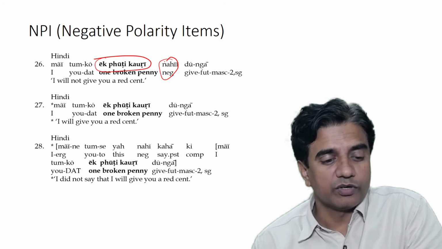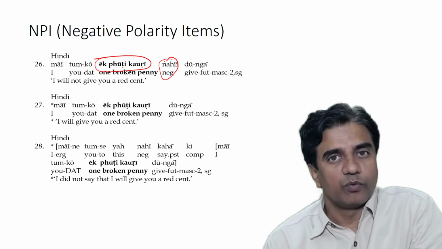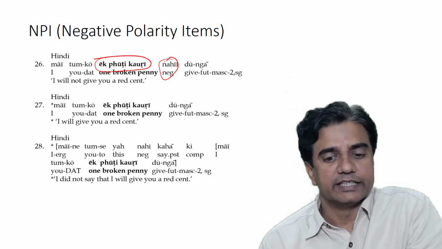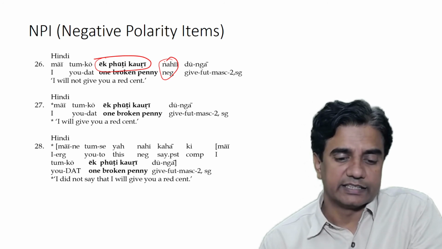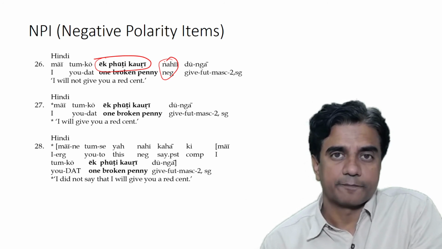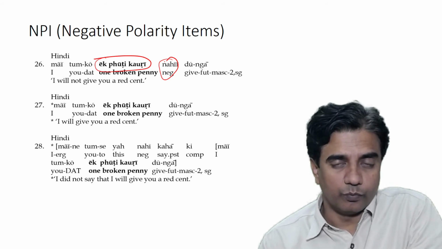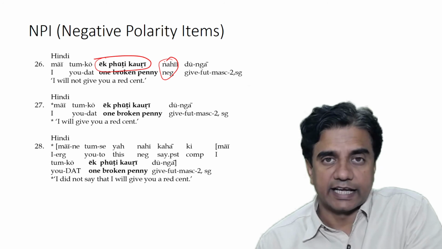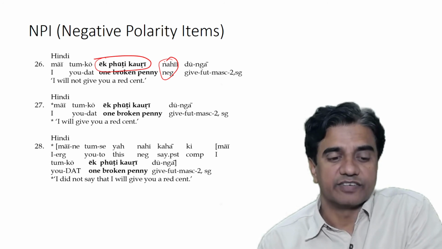What we really want to say is, I will not give you a red cent. And when we want to say such things, we need a negative element in the sentence. So this helps us conclude that sentence 27 is ungrammatical only because what is missing from it is the negative element nahi, which is part of sentence 26.